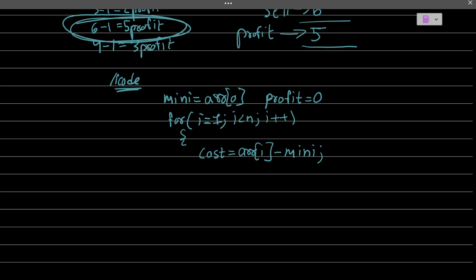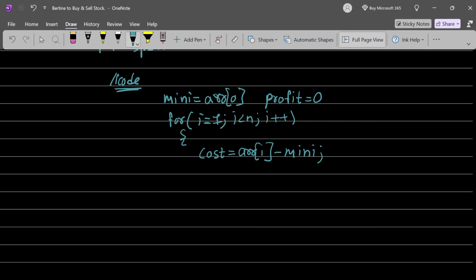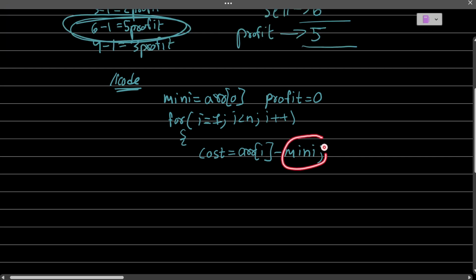So this is the cost. The cost will be the time I was buying the stock for the minimum amount, and I'm going to sell it on the selling day. That's going to be my cost, right?